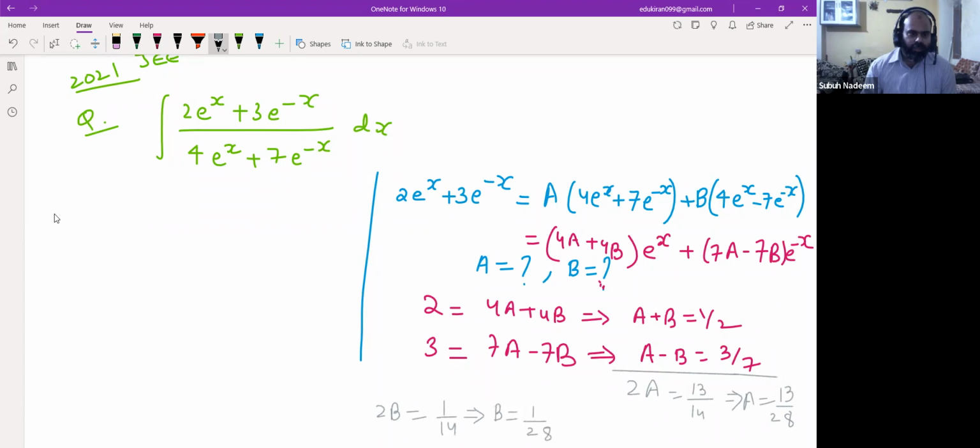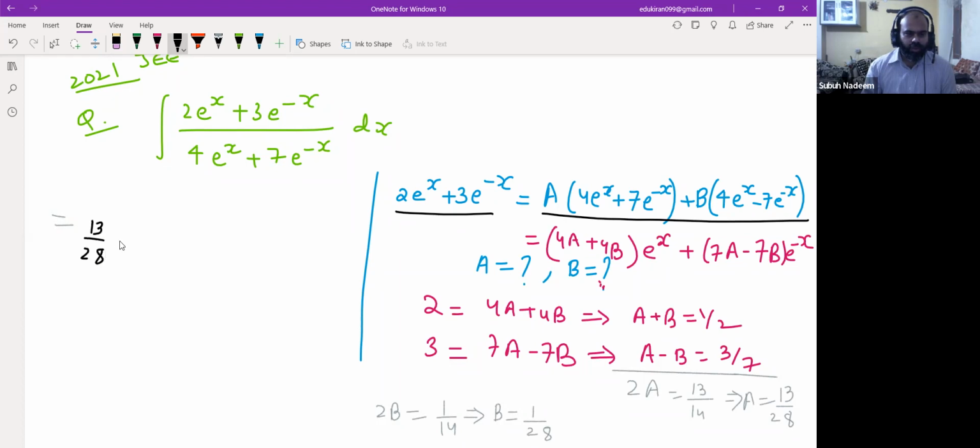So this question can be rewritten as a, that is the numerator. You have to write like this, that this numerator is this one. So a is 13 by 28.